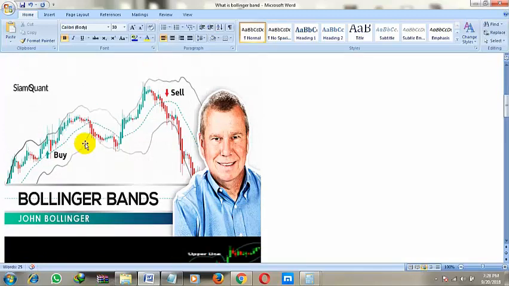Now, there are so many things you need to know about Bollinger. One of it is that these bands, the upper and the lower bands, automatically widen when volatility increases. So when you see it widening, like all these places that are wide apart, just know that volatility is increasing.